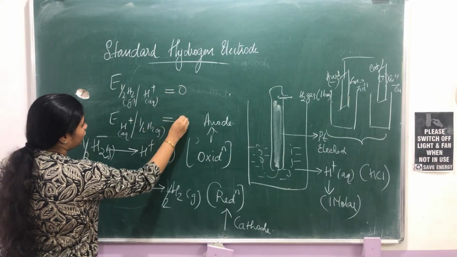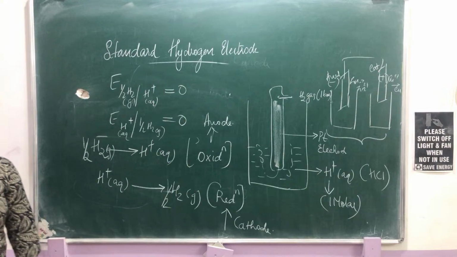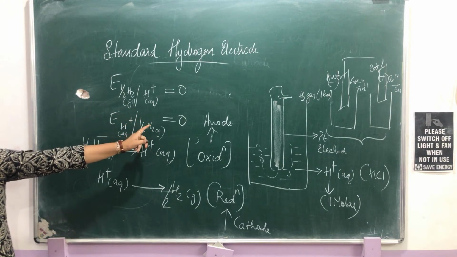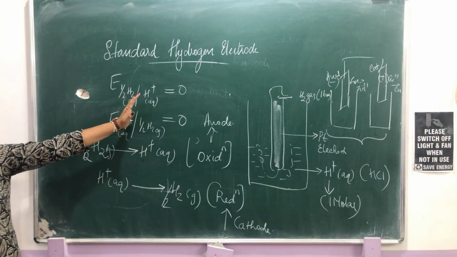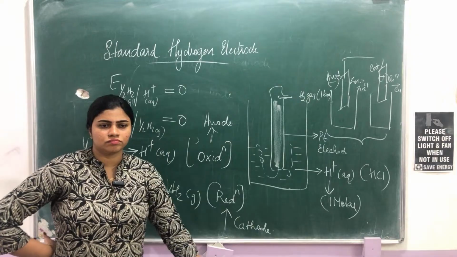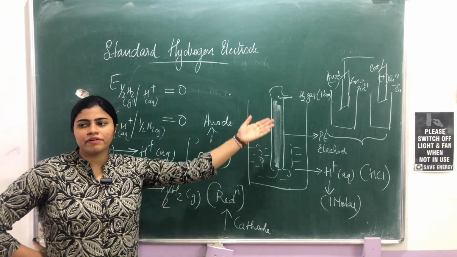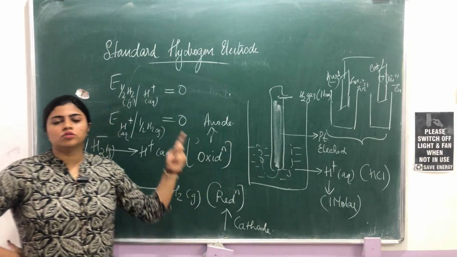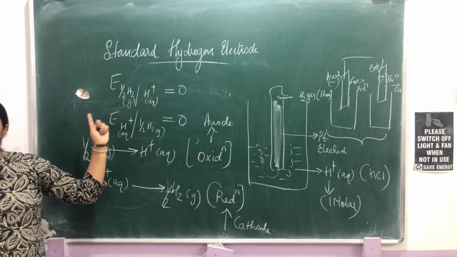The peculiarity about the standard hydrogen electrode is that the potential will be zero. What is the main characteristic here? The potential. Why is it zero? Will it have any value when it is acting both as a cathode and an anode? No. So the total potential here would be zero.